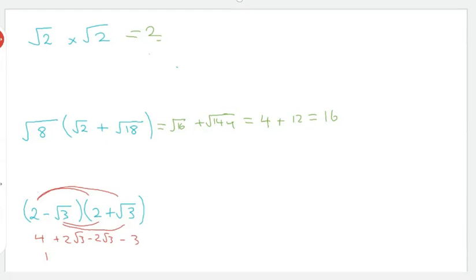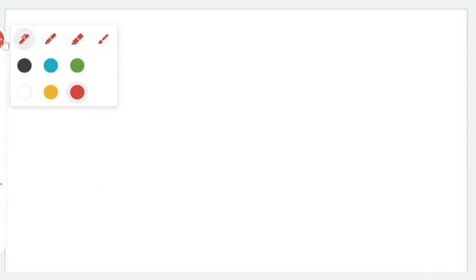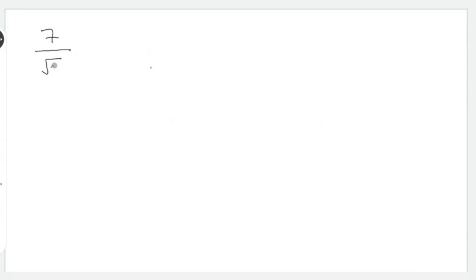We can use this example to motivate us for our next one, which is this. With this kind of example, the kinds of things they can ask us to do is rationalize the denominator. Now, what does that mean? It means to make the denominator rational.